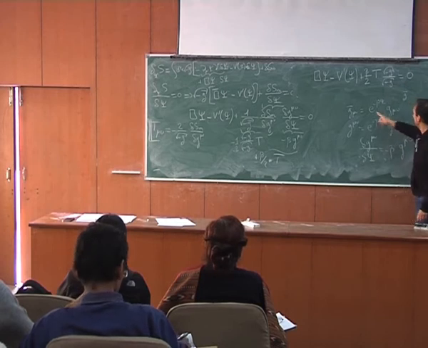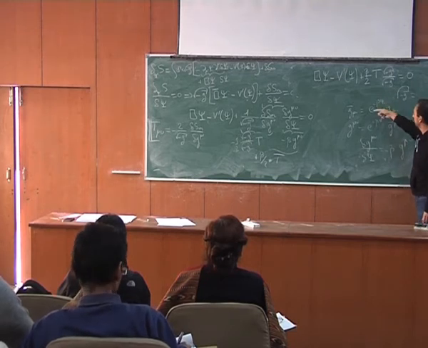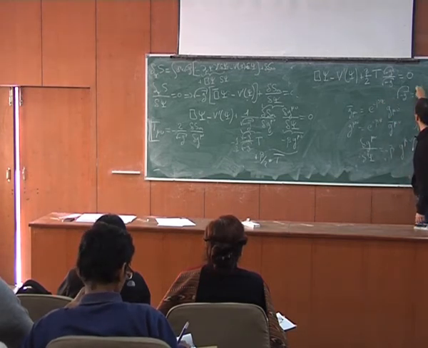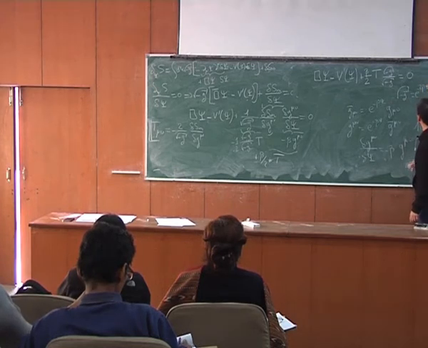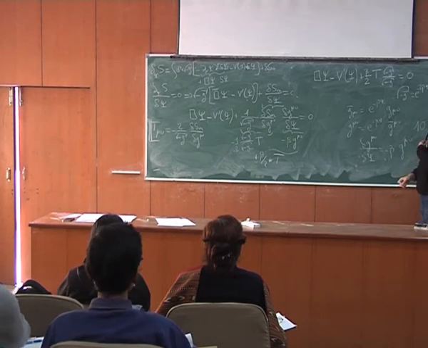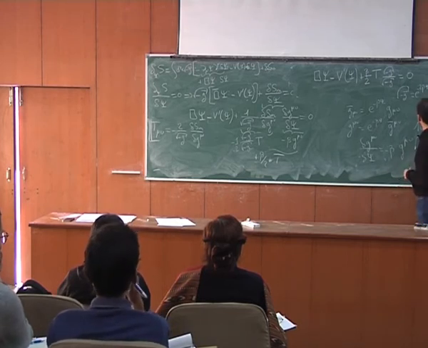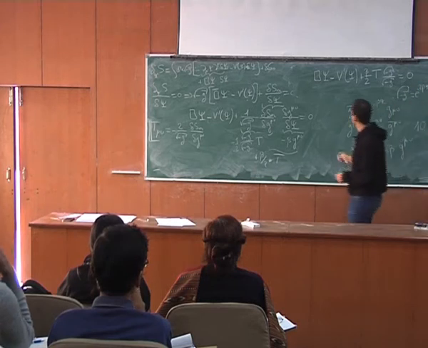The metric g bar is 4 times this. We take the square root, so it's 2 times. So when we do this divided by this, you get an exponential 2 beta.